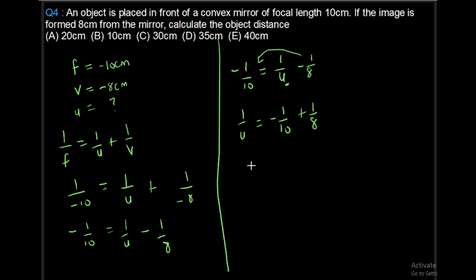Using our calculator, that will give us 1 over 40. Since we're looking for object distance, we'll take the inverse of both sides. So u over 1 equals 40 over 1. U over 1 is u, so u equals 40 cm. That becomes our answer, which is option E.